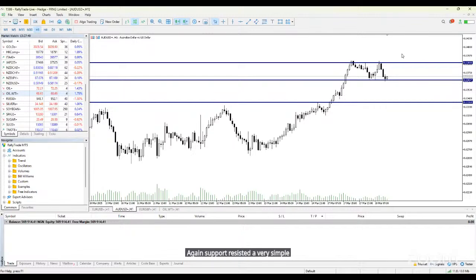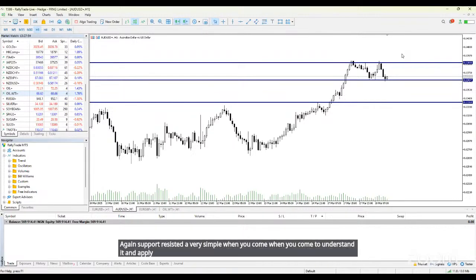When you come to understand it and apply it on the chart, and you can see them as fast and well as I do, you'll understand that they will be much more powerful than many indicators that are there on the market, complex indicators with so many behind them.